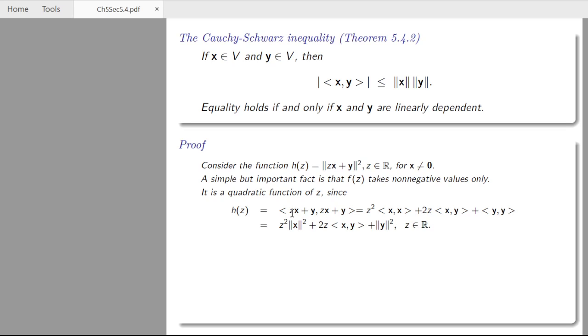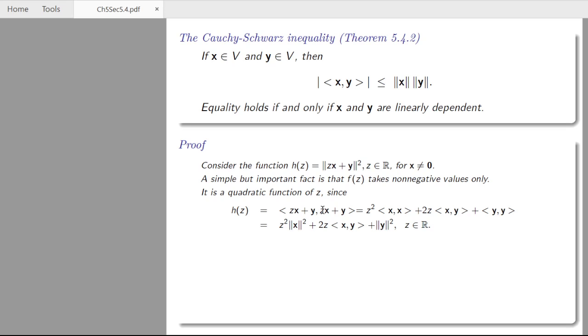But z is a constant, so we can move it to the front. So we get z squared. And then here we have zx and y make inner product. Z is a constant, so we can move it to the front. So we get z times the inner product between x and y.